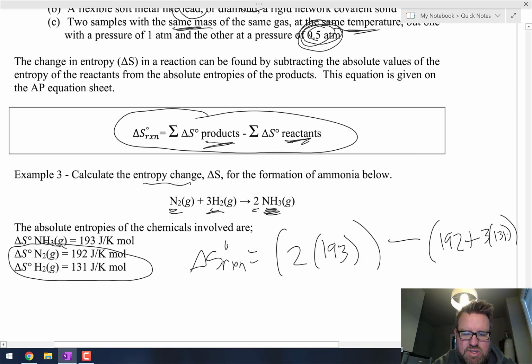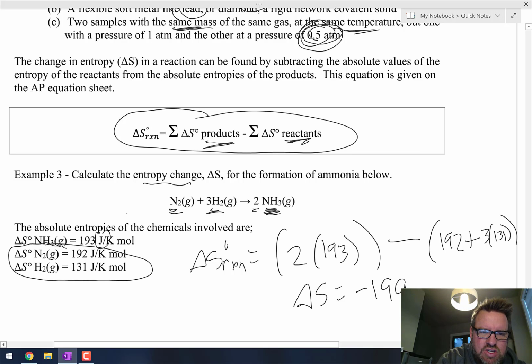So 2 times 193 minus, and then in parentheses, 192 plus 3 times 131 equals... I think that's right, 2 times 193 is 386 minus 192... Yes, so I get an entropy for that reaction of negative 199.